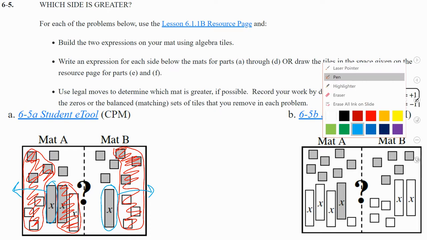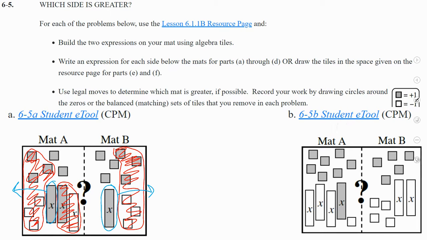And then lastly, change color one more time. Let's go with green. Now I look at my positive 1 tiles here. On mat A, I have 2 of them, and on mat B, I can partner that with 2 of them, and those are gone, and those are gone. So scribble that out. Those are all zeroed out.